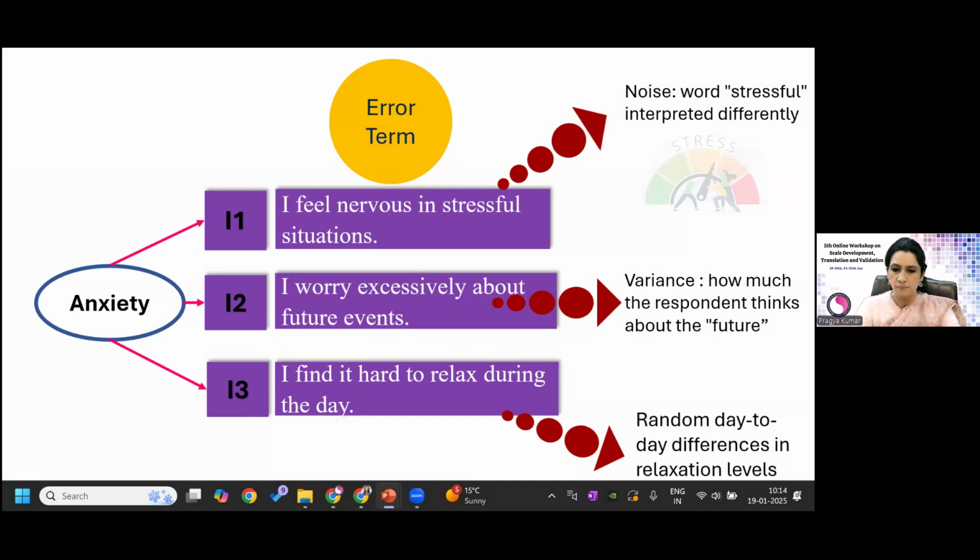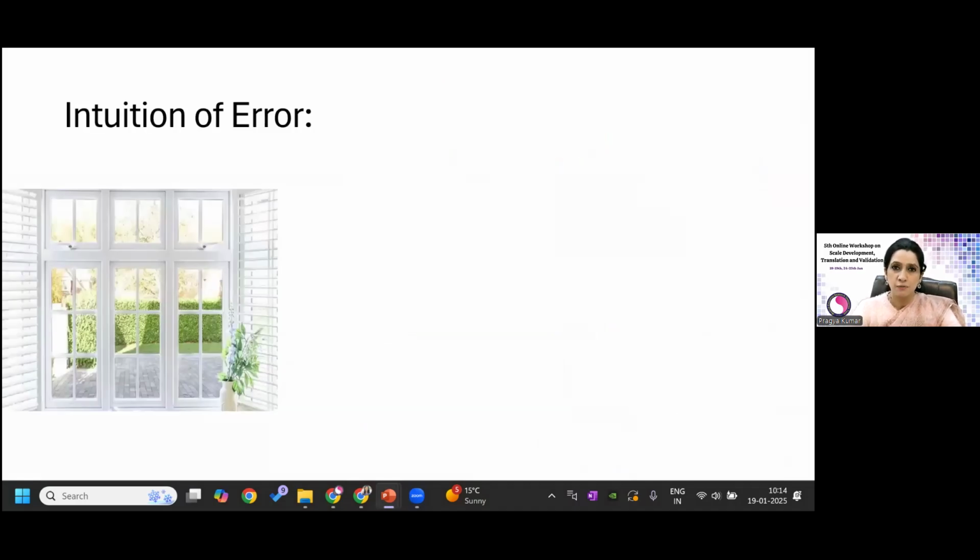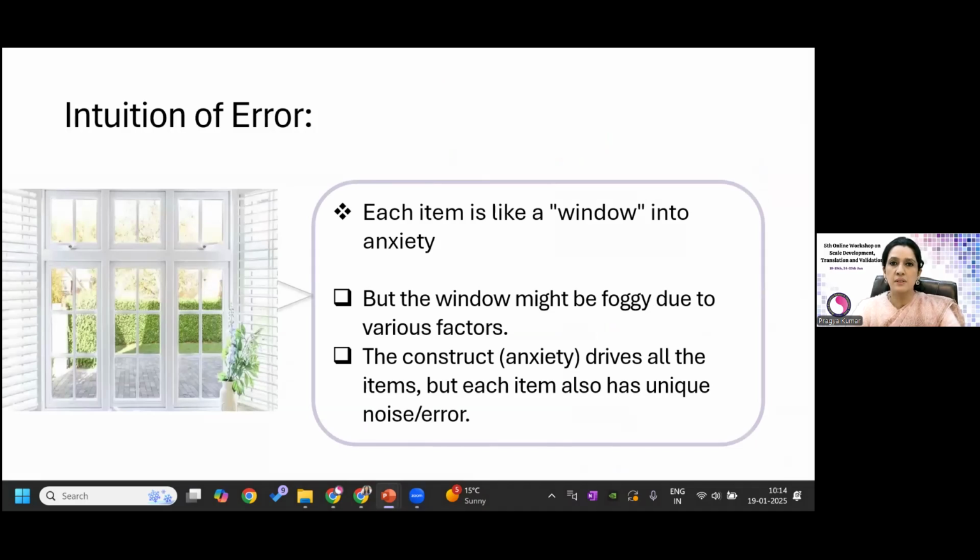But in case of a reflective scale, if you think that our brain is like a house where you have to go and peep, then these items are like windows through which you can see the psychological space. But if the window is foggy, or the glass of the window is not very clear, then the construct which you are measuring may not be clearly visible.